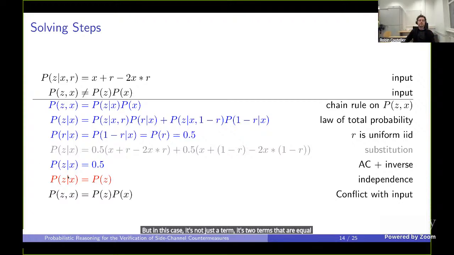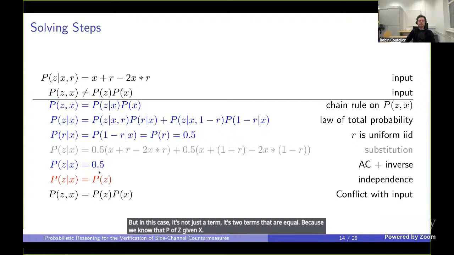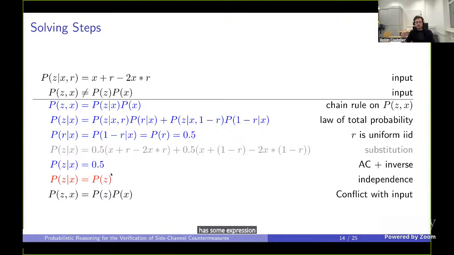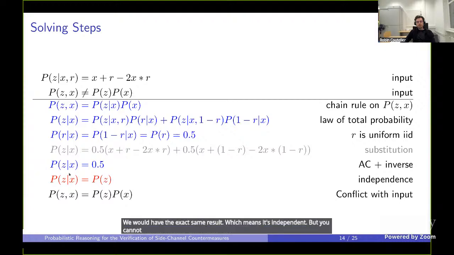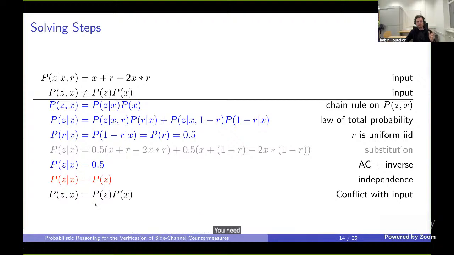Because we know that P of Z given X has some expression that does not depend on X, that means that if we had P of Z given not X, we would have the exact same result, which means it's independent. But you cannot just rewrite P of Z given X into P of Z. This is unsound. You need this extra context.